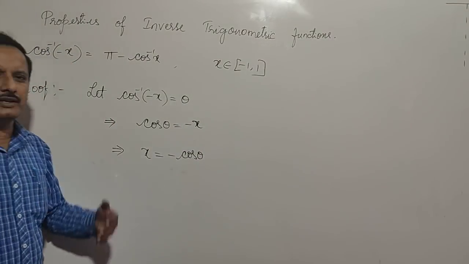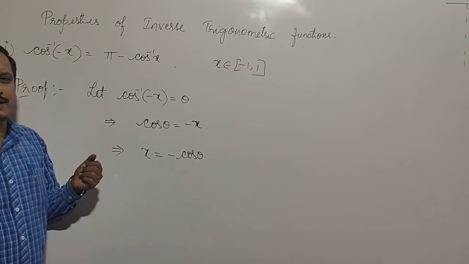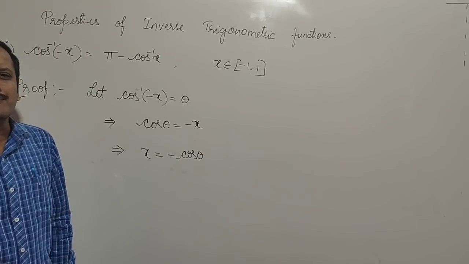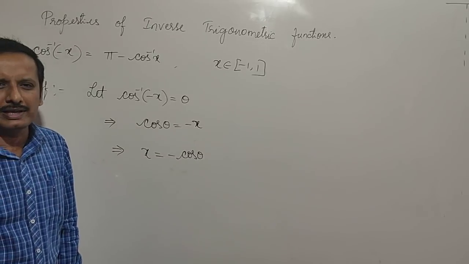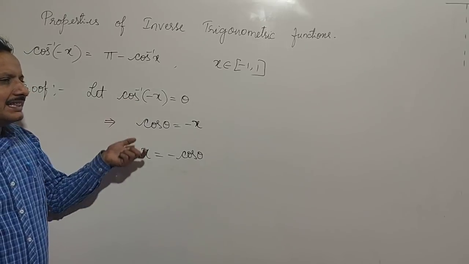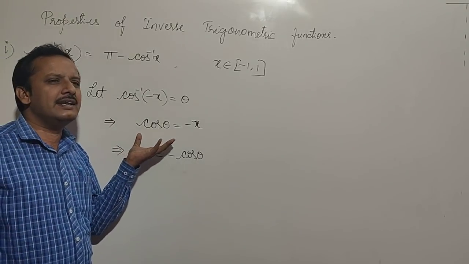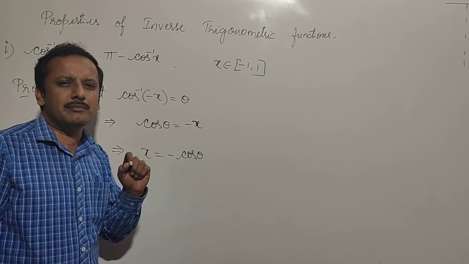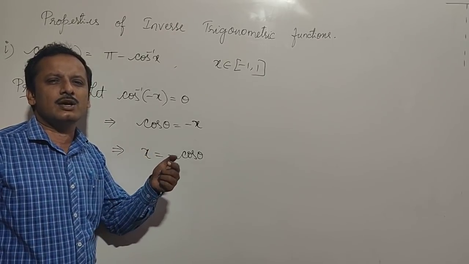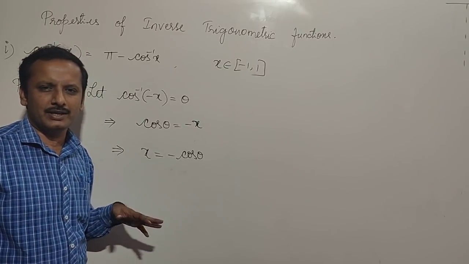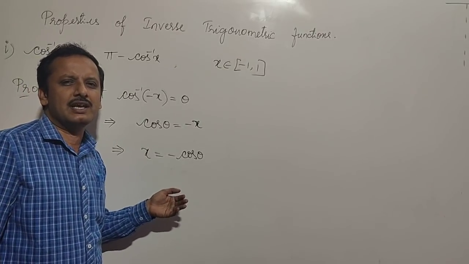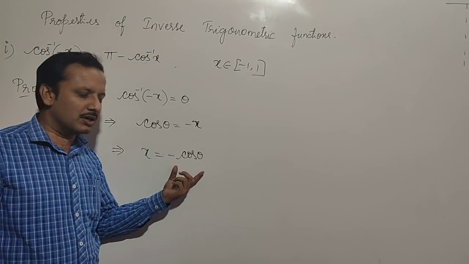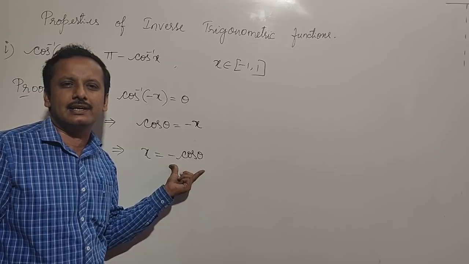Compare with the earlier proof, the first property, that sine inverse of minus x, we proved that it is equal to minus sine inverse x. There in that proof, we had x is equal to minus sine y, and there I wrote minus sine y as sine of minus y, right? But now I can't do that, because here we have minus cos theta.